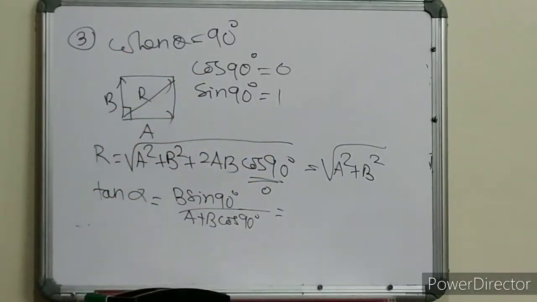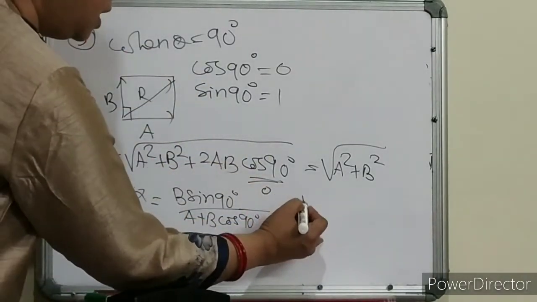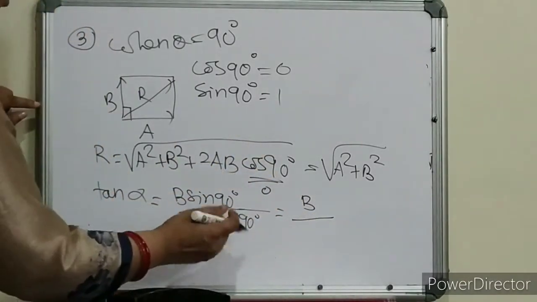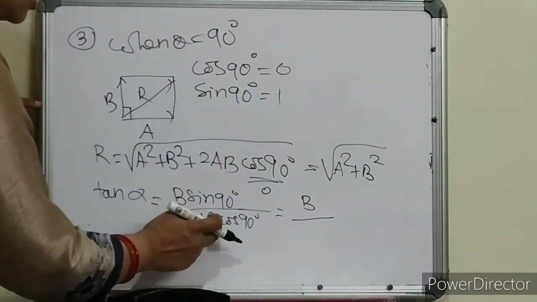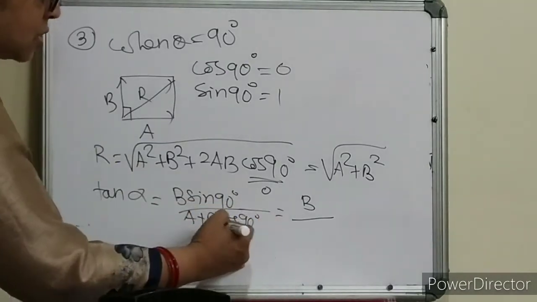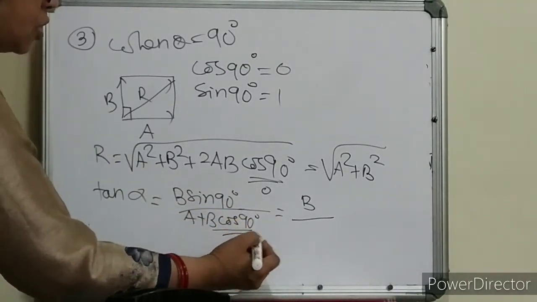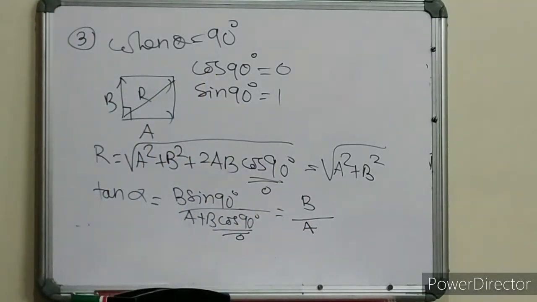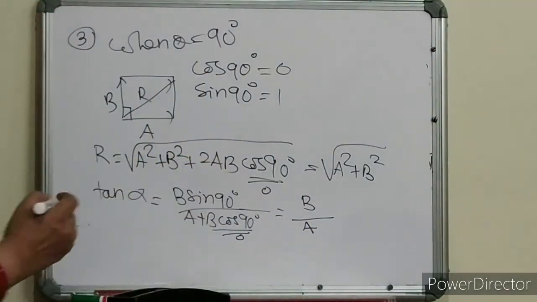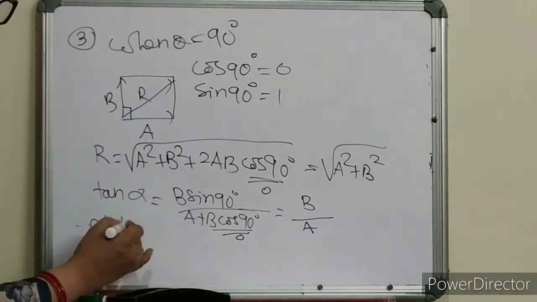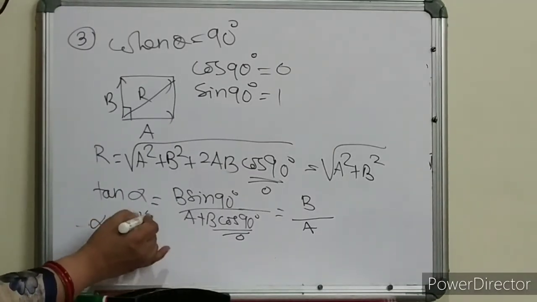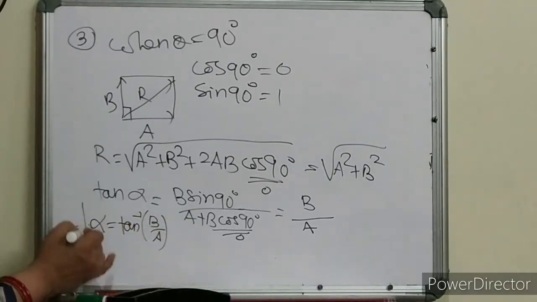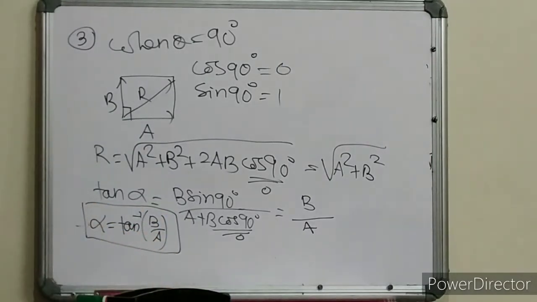Here sin 90 is 1, so we get B into 1, that is B. Cos 90 is 0, so we get A plus 0, which is A. That means tan alpha is equal to B by A, or alpha is equal to tan inverse of B by A. Is it clear, children? These are the cases. Now we'll discuss some questions.